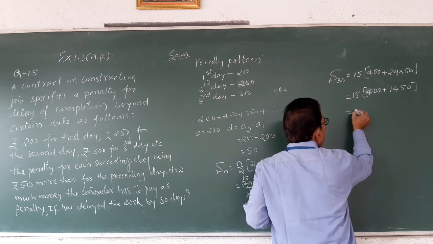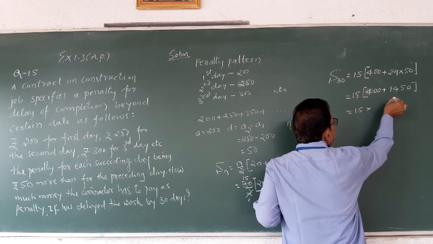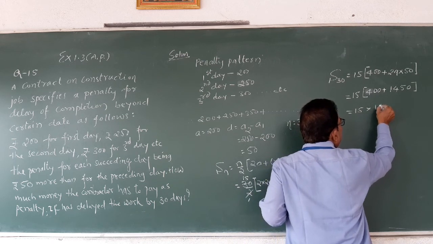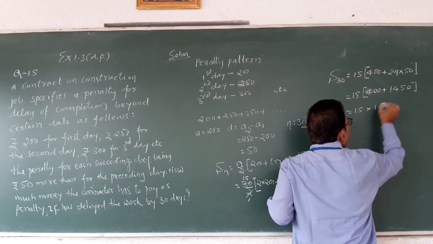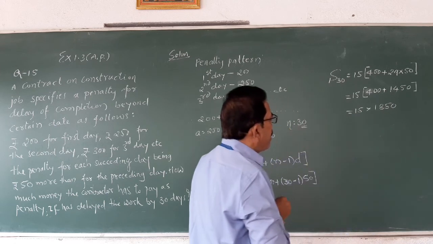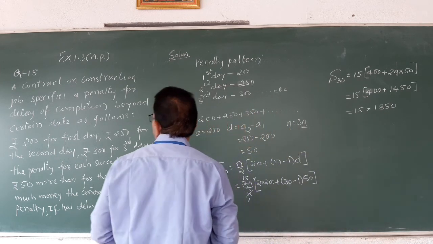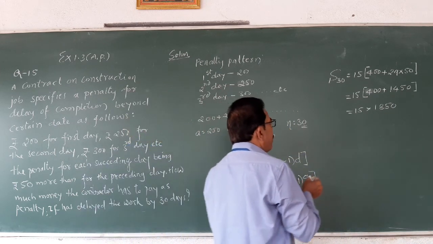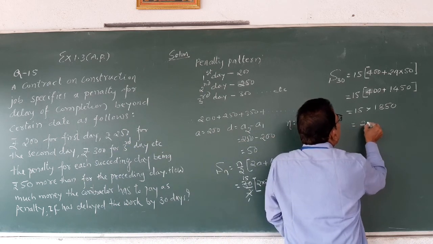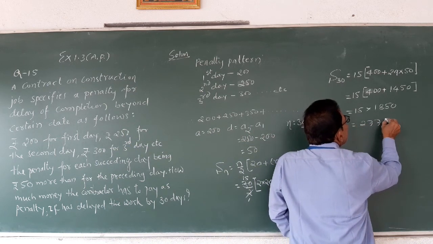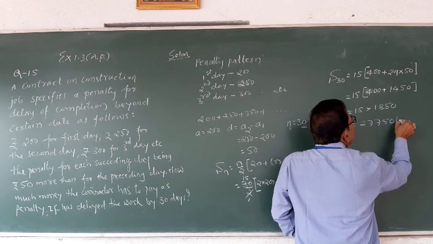So 15 into, that is 1850. 15 into 1850 is 27,750.